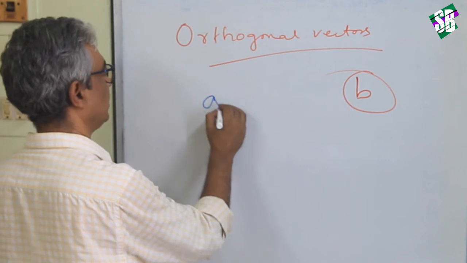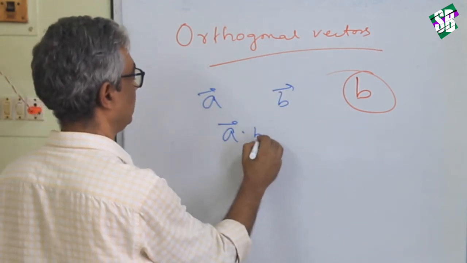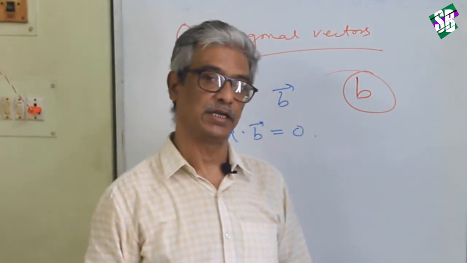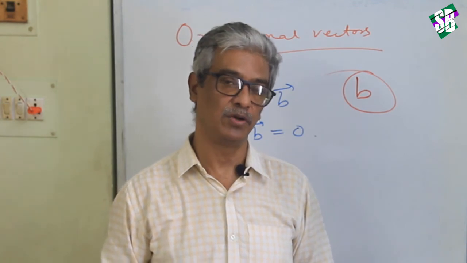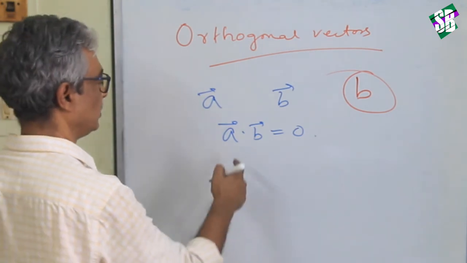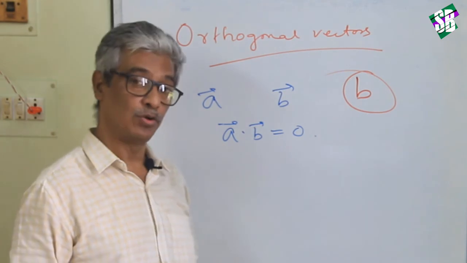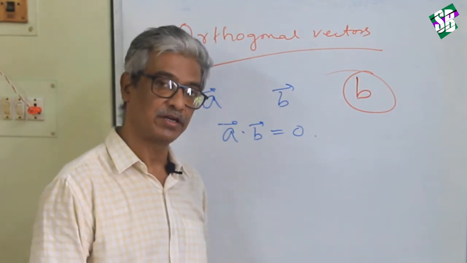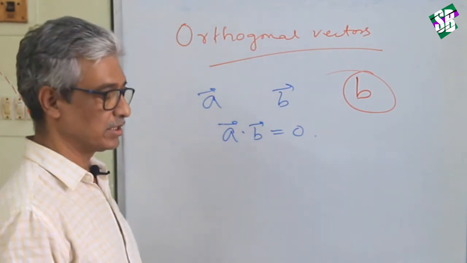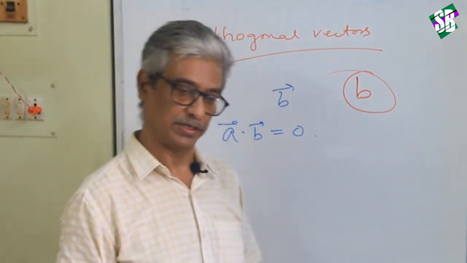So A vector and B vector are said to be orthogonal if A vector dot B vector equals 0. Now it is clear that if A vector and B vector are perpendicular vectors, then they are orthogonal. But as I have told you, this relation may also hold if either A vector is the 0 vector or B vector is the 0 vector. So you can say that the 0 vector is orthogonal to any vector.